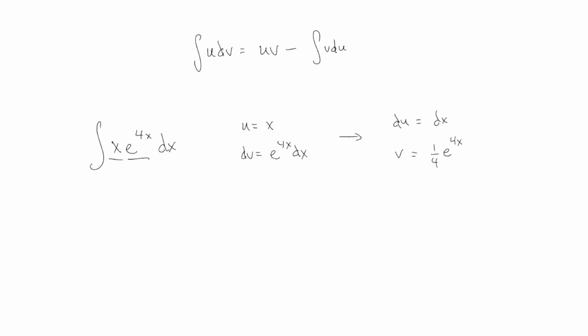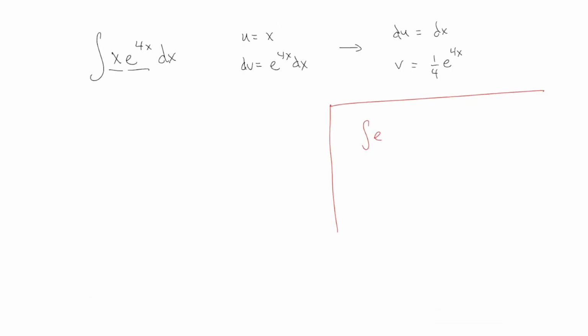If you have e to some constant times x, the integral of that is 1 over that constant times e to whatever. Maybe I'll put this in a little red sidebar. These are helpful things that come up often when you're doing integration by parts.